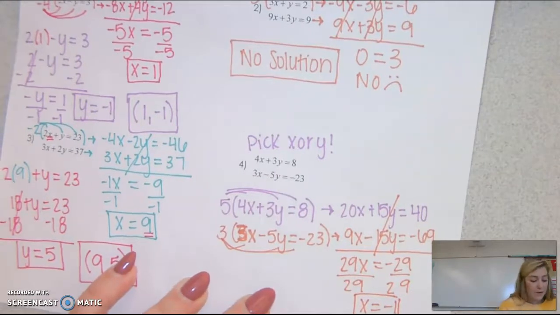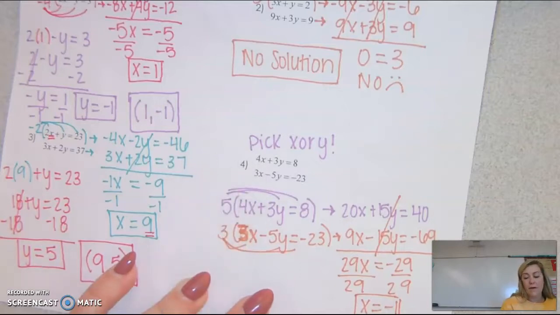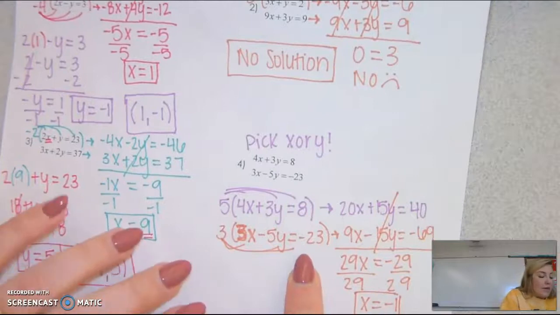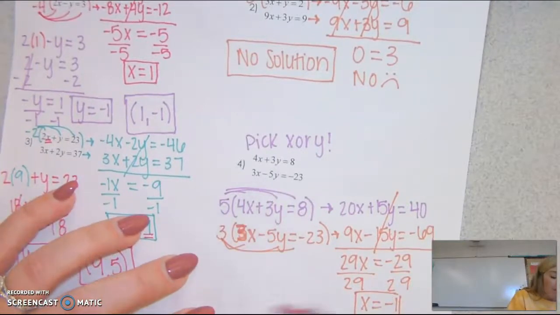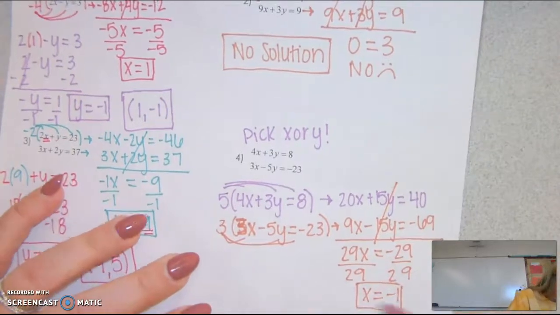So I have my x value. I can pick either equation to find out what my y value is. I'm just going to pick the top just because I don't like dealing with negatives that much, and that one has a negative, so I'm picking the top. If you pick the bottom, you'll get the same exact answer.